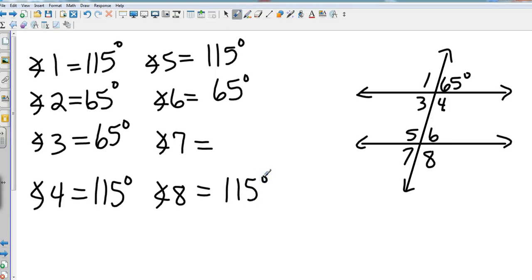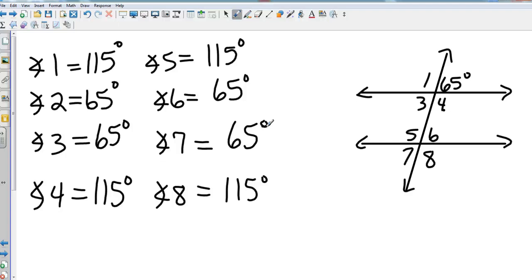If 2 is 65, then 7 is its alternate exterior, so it is also 65. So again, we only have 2 angles, 65 and 115. We just use our relationships of corresponding, alternate interior, alternate exterior, and consecutive interior, even though we didn't use consecutive interior, because we can find all those without. But we might see something in the example later.